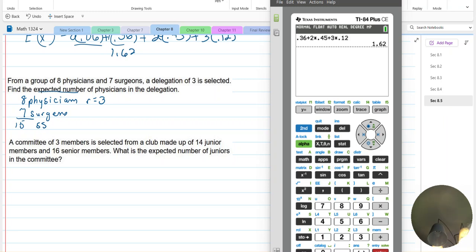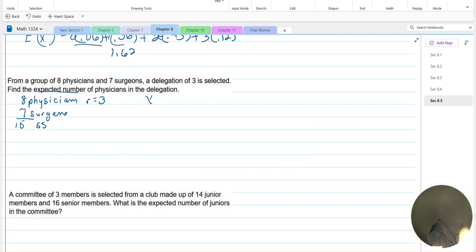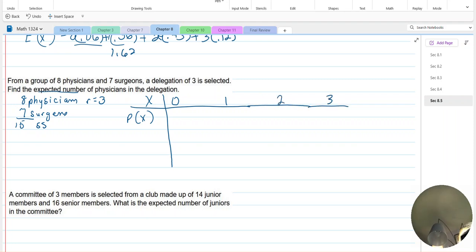So we're going to do our X variable for physicians: 0 physicians, 1 physician, 2 physicians, and 3 physicians.